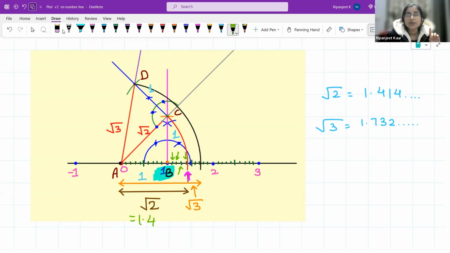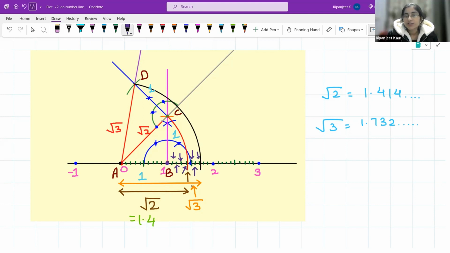Now how to estimate root 3? Let us erase all of this and estimate root 3. Again we know at this point there is 1, then 1.1, here 1.2, here 1.3, here 1.4, here 1.5, here 1.6, here 1.7.